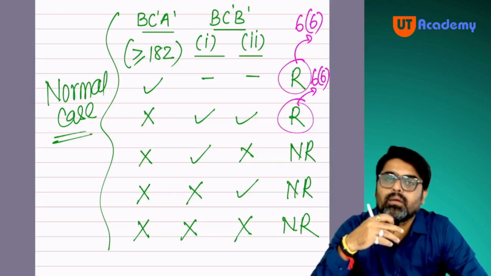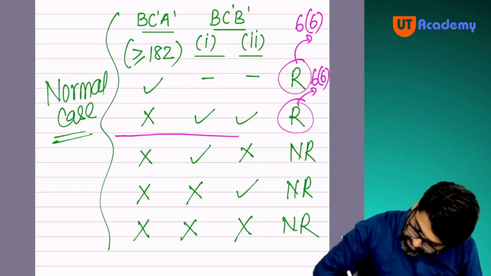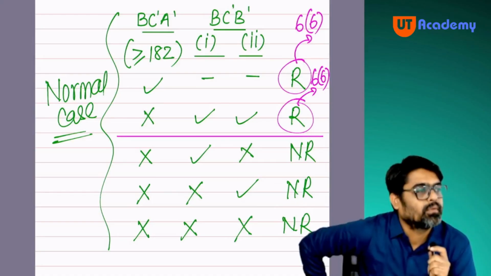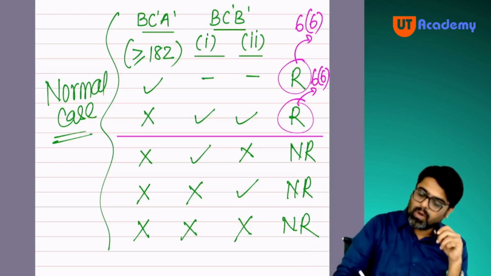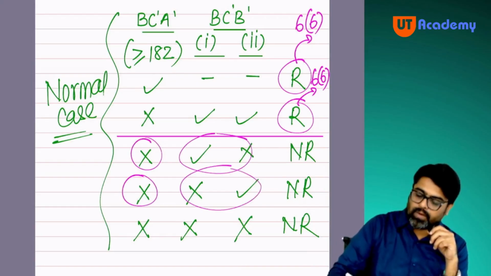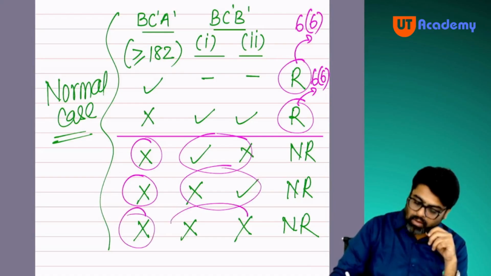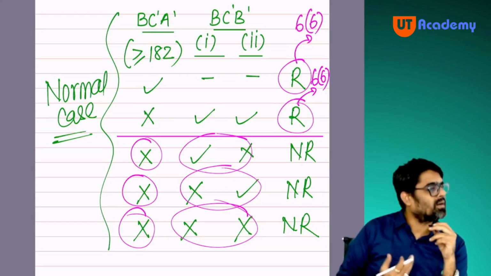Will you remember? Now tell me, I will put a line over here. If you don't fulfill any of the basic conditions, you are not fulfilling A, you are not fulfilling B, then you cannot become a resident.